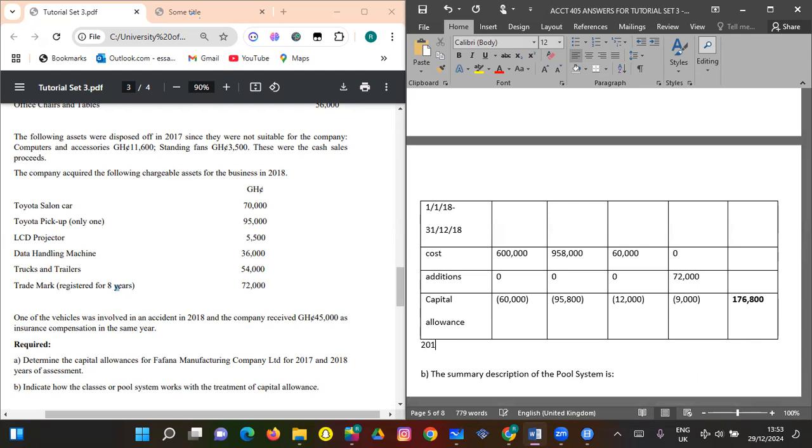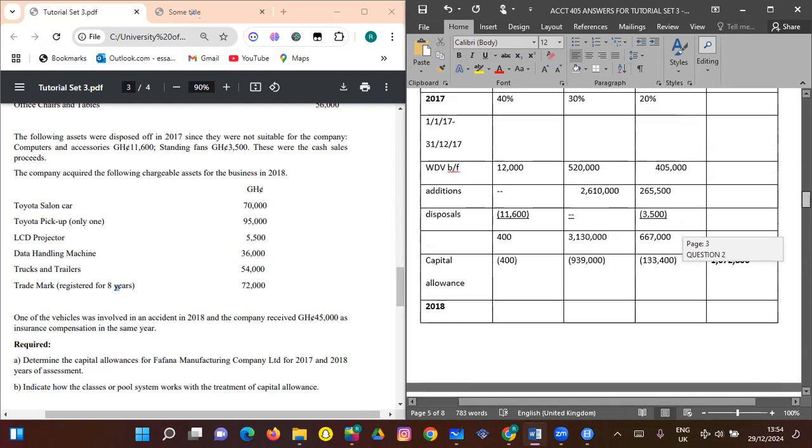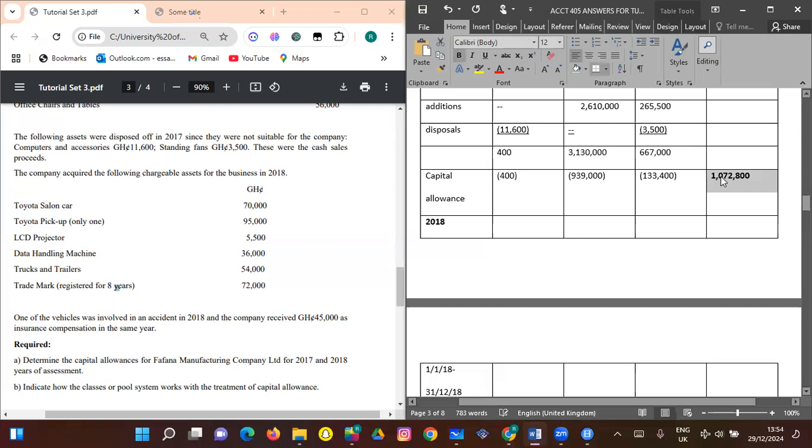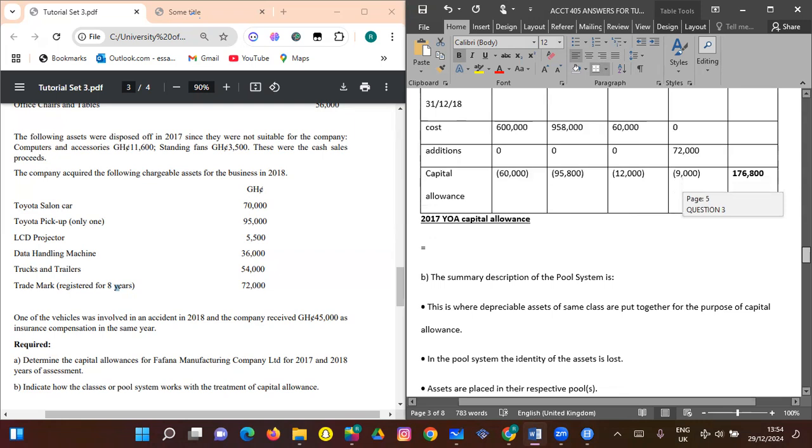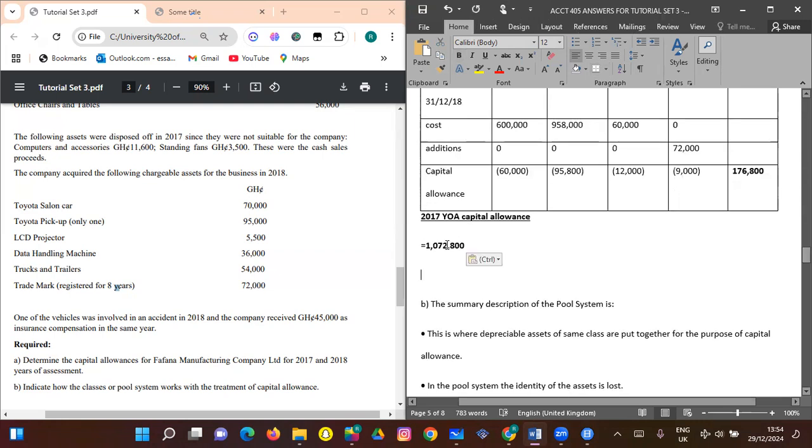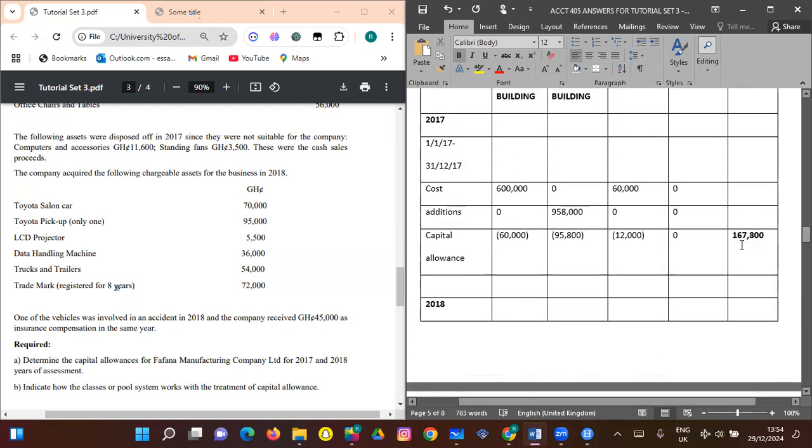The 2017 year of assessment capital allowance is going to be this, for the pool 1, pool 2, pool 3 side, plus this.